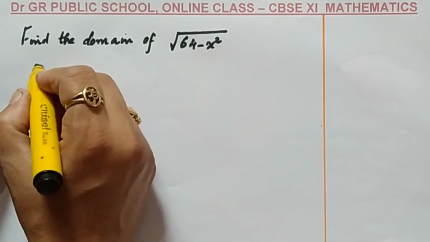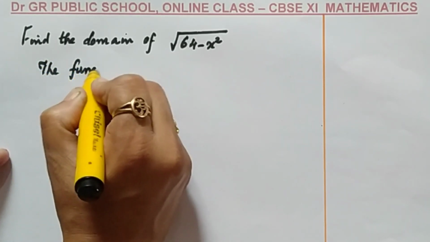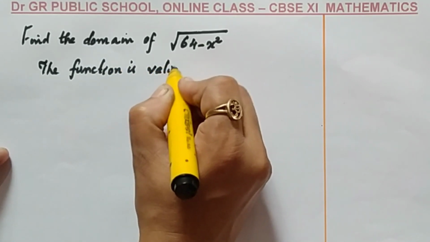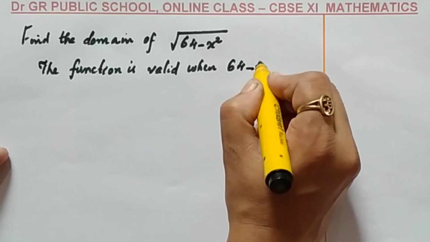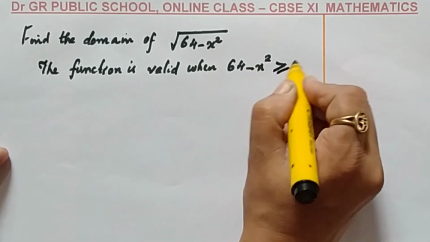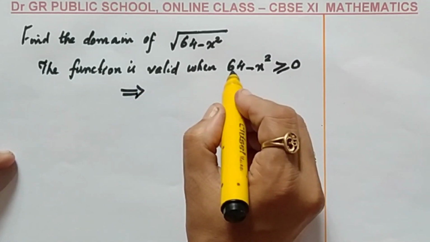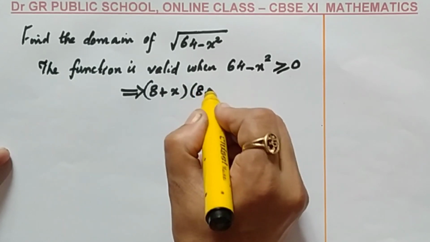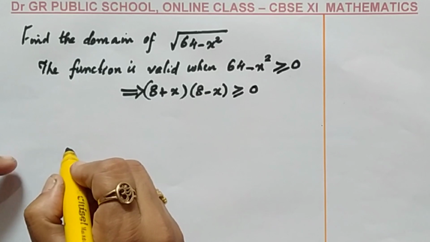First of all, you need to remember that the function is valid when the expression within the root, 64 minus x square, is greater than or equal to 0. After this, you need to write the step a square minus b square as a plus b in one bracket into a minus b in the other bracket, which is greater than or equal to 0.